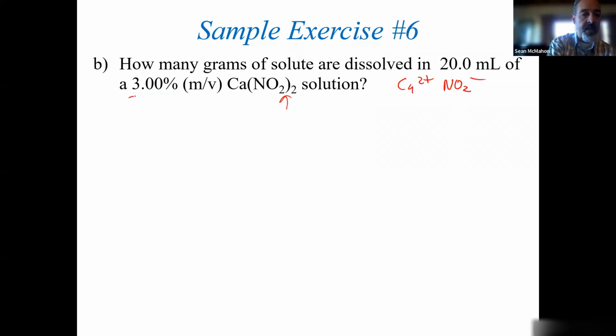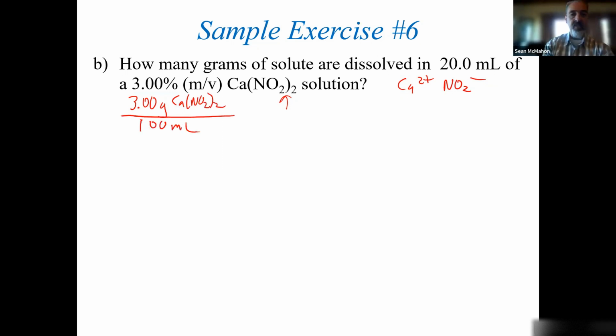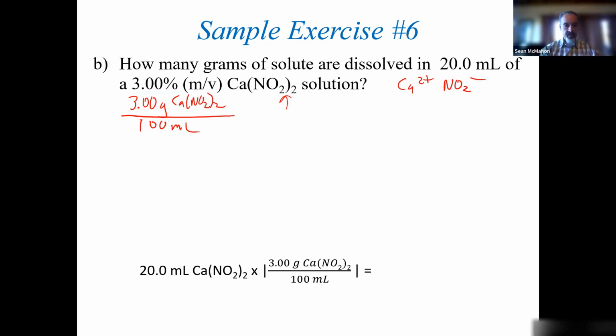If it's 3% mass to volume, it's 3 grams of calcium nitrite per 100 mils of solution. How many grams of solute are dissolved in 20 mils? Well, there's 100 mils per 3 grams. So 20 times 3 divided by 100 gives me 0.600 grams of calcium nitrite.